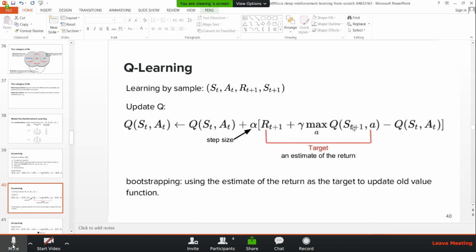So finally, after some convergence, this will be equal to this.